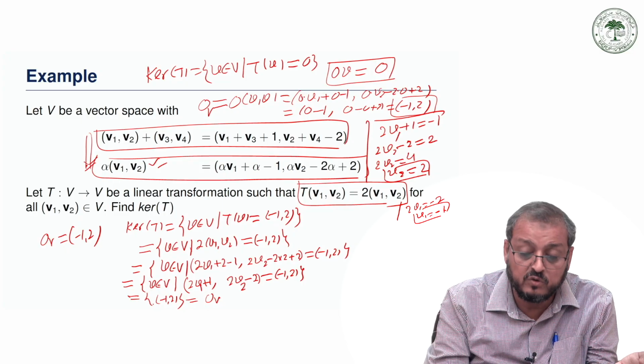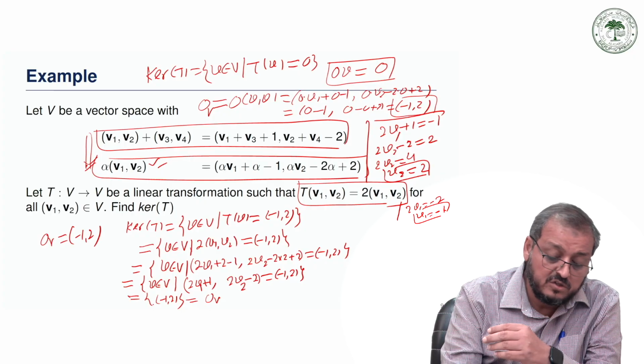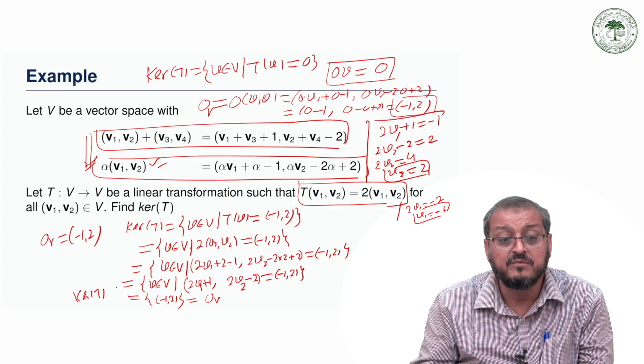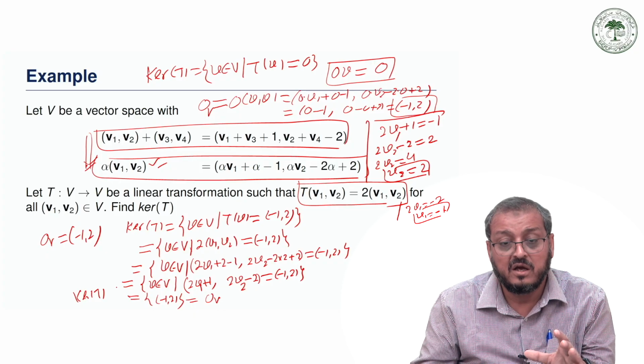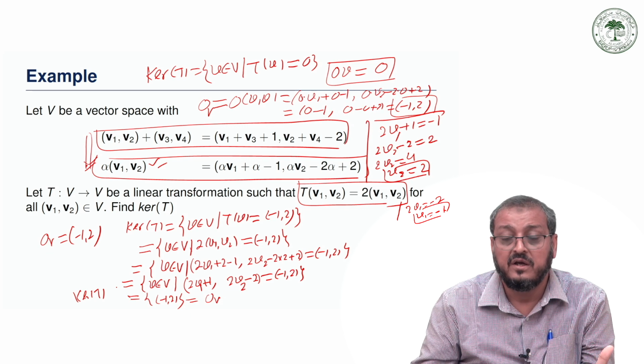So again we get the identity, and the kernel of T is nothing but the identity, the zero subspace of this particular vector space V.